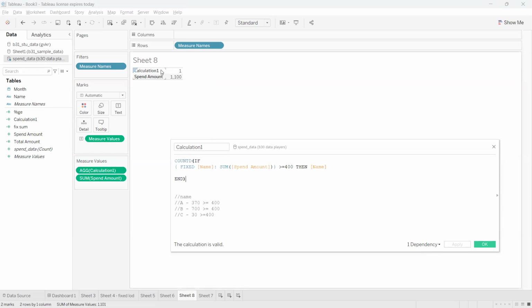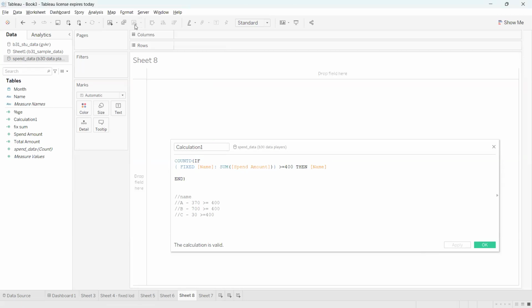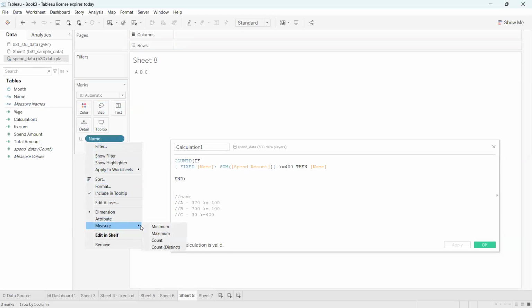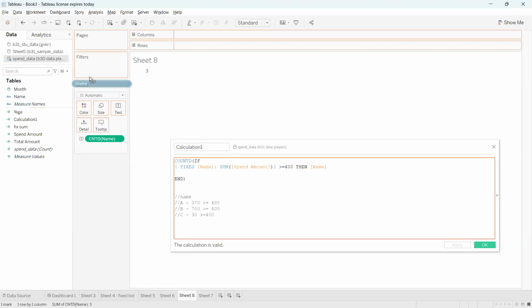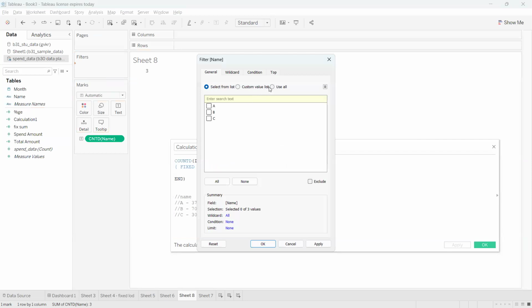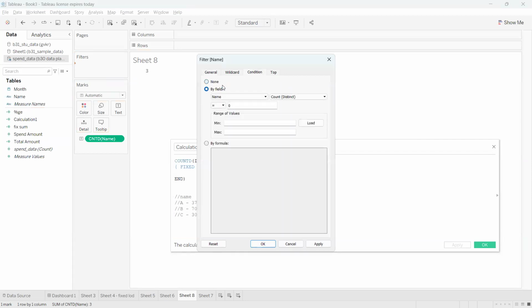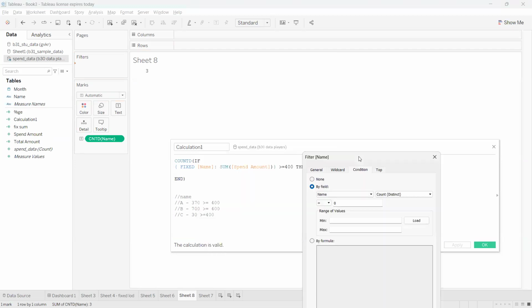Now let's see what we do in the condition option. To achieve the same requirement with the condition option, first drag the name into text here and count how many persons there are. There are 3 persons. Now drag the name into the filter shelf, go to the condition option. Whatever we are doing with the fixed LOD, we are linking the name field with the sum of spend amount, right?